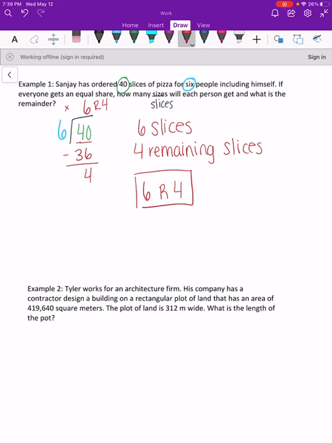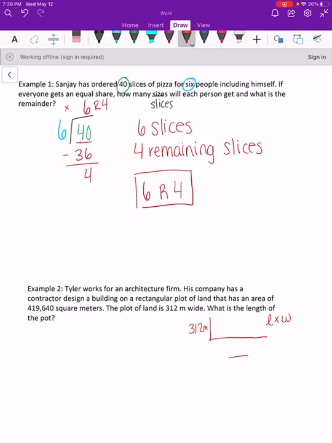What is the length of the plot? So we know it's 312 meters wide. We want to figure out how long it is. What we're going to have to do here is divide, because when we find the area, it's length times width. We need to know our length, and we know our area, so we're going to divide.